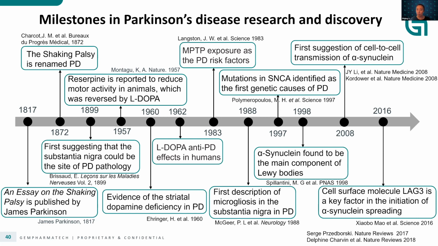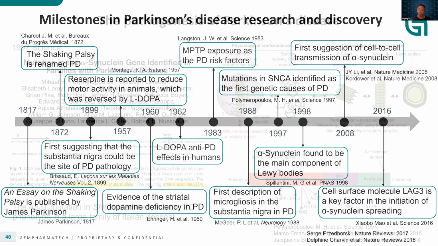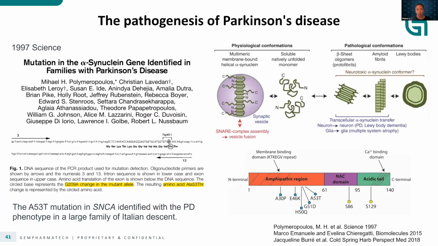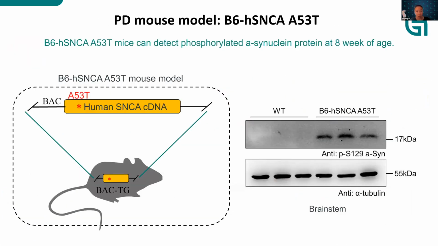What jump out to my eyes are alpha-synuclein and mitochondria. So there's another way to summarize the alpha-synuclein hypothesis and how that is leading to the PD phenotypes. In our hands, the first model we tried to develop is the alpha-synuclein model.